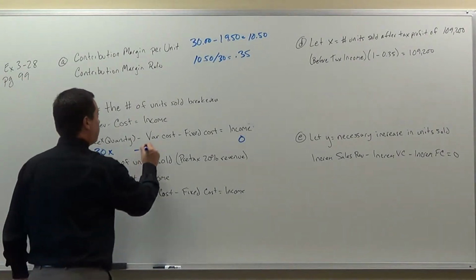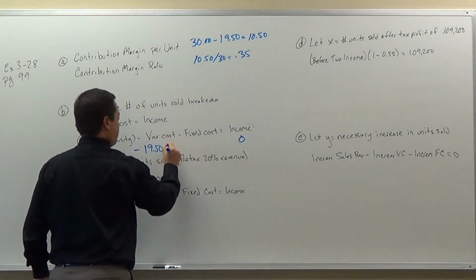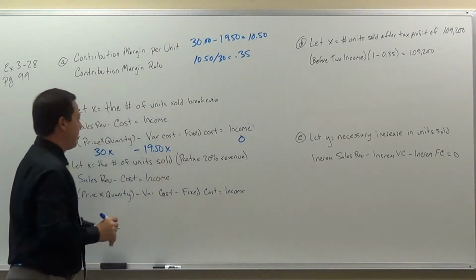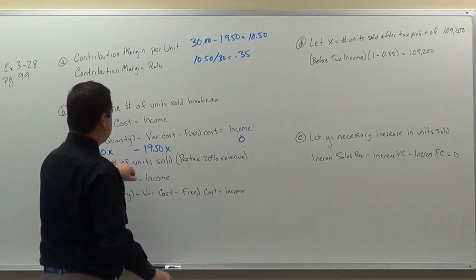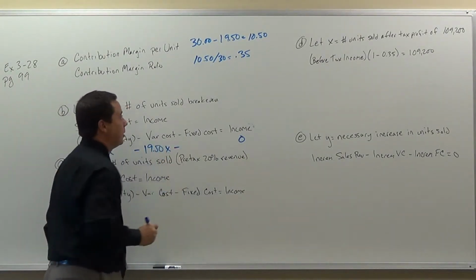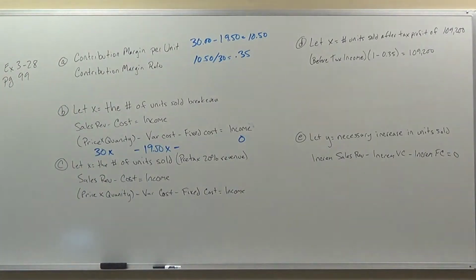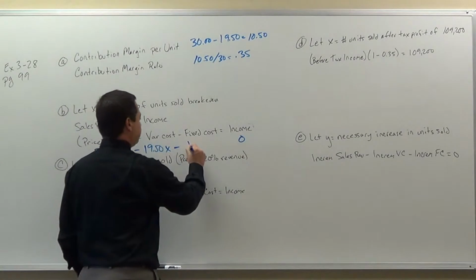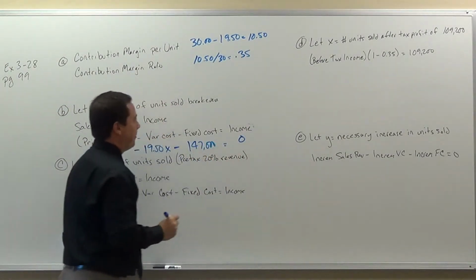Our variable cost, remember, is 19.50. We will set that to X because remember, it is times each and every one that we sell. So we have 30X minus 19.50X minus our fixed cost. Remember, our fixed cost was $147,000. And that will equal 0.